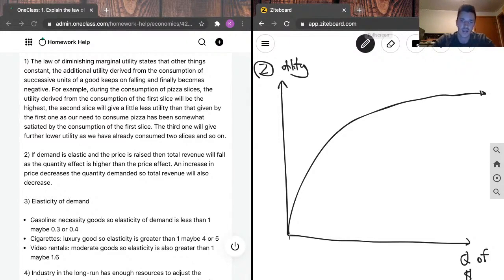A good way to say this is, hypothetically, somebody has $0 and you were to give them like $5,000, call it 5K. This is going to make a very big difference to them, so this will be change in utility, call it change in U1.